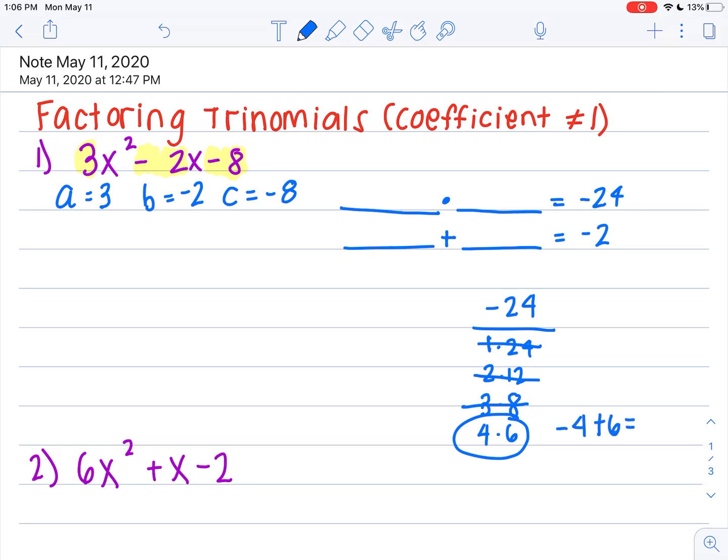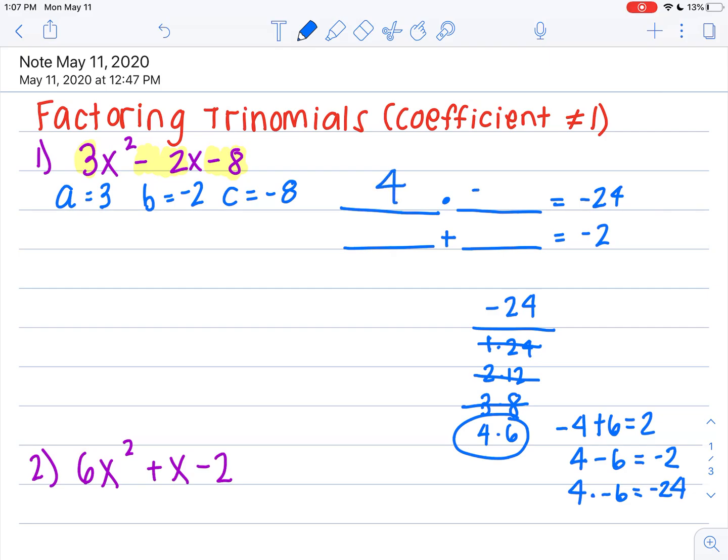So if I did -4 plus 6, that's going to give me a +2, right? This is technically the same thing as 6 minus 4. But what if we did 4 minus 6? +4 minus 6 is -2. And also 4 times -6 is -24.